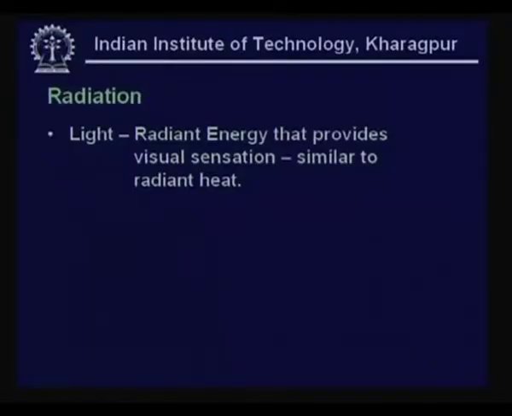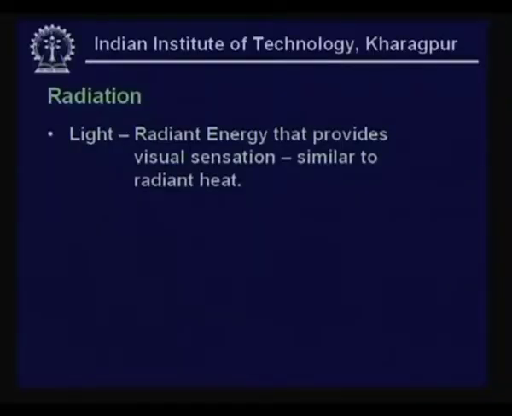By definition, light is that radiant energy which provides visual sensation in the eyes. Once again, it should be re-emphasized that the eyes are the sense organs which acquire more than 85% of the information that a human being acquires.